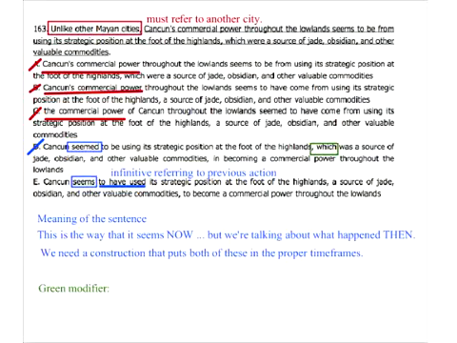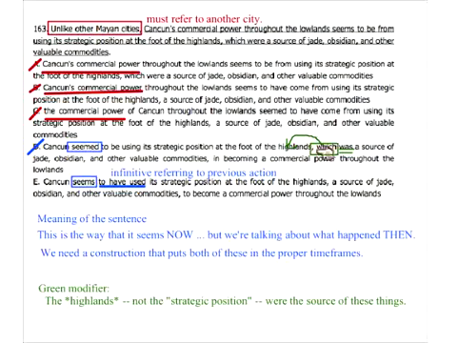Were the source of these things. So the problem is we need a which that points to highlands. This seems to do that, but then the issue is that it's which was. So this would require a singular verb. You can't say the highlands which was. It would have to be the highlands which were.